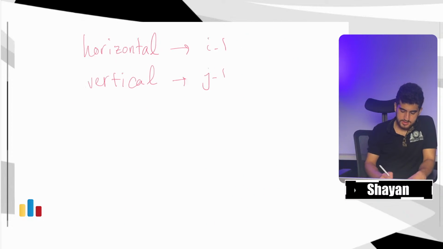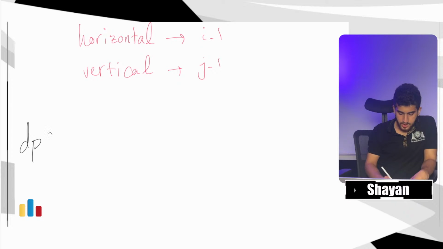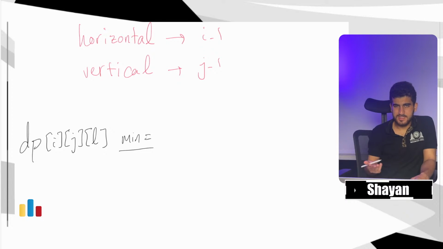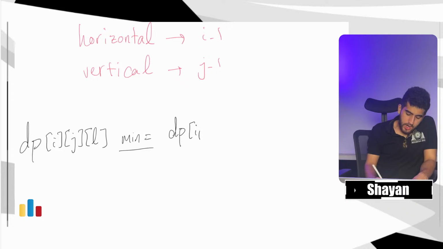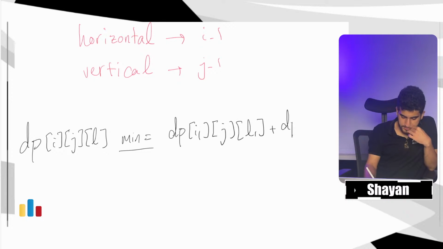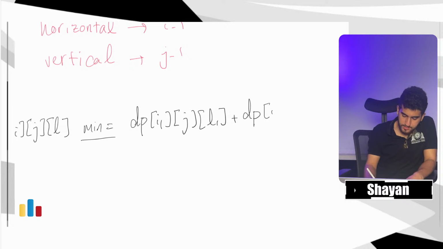The point is that dp of I, j and L, I can say, will be equal to, this is just an operator for explanation, not a real C++ operator, dp of I1, j and L1 plus dp of I minus I1, j and L minus L1.